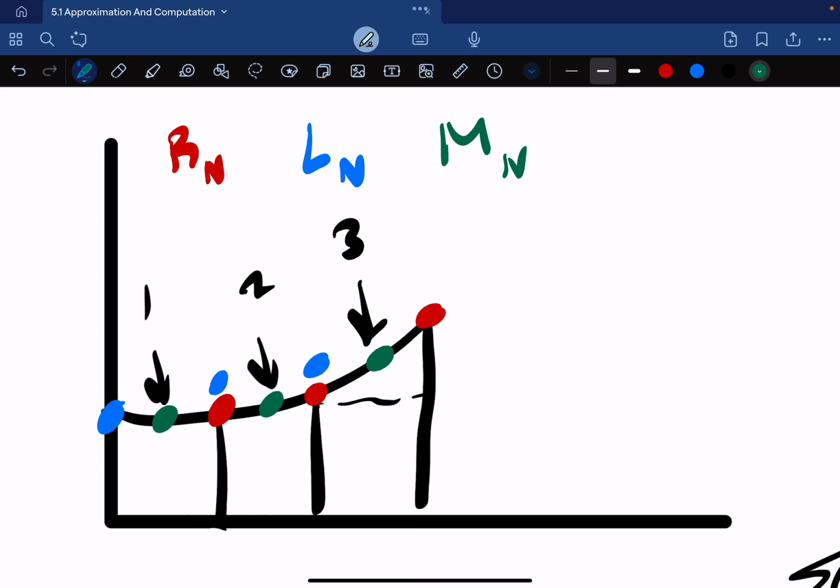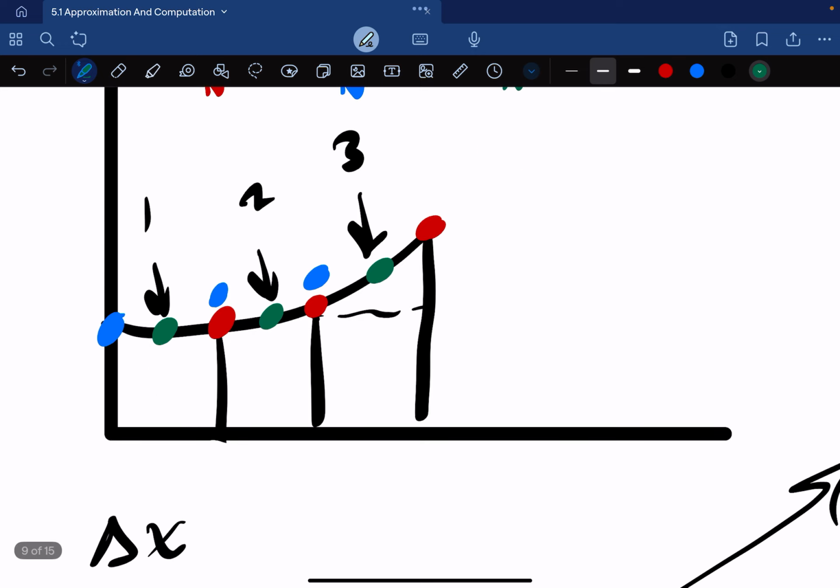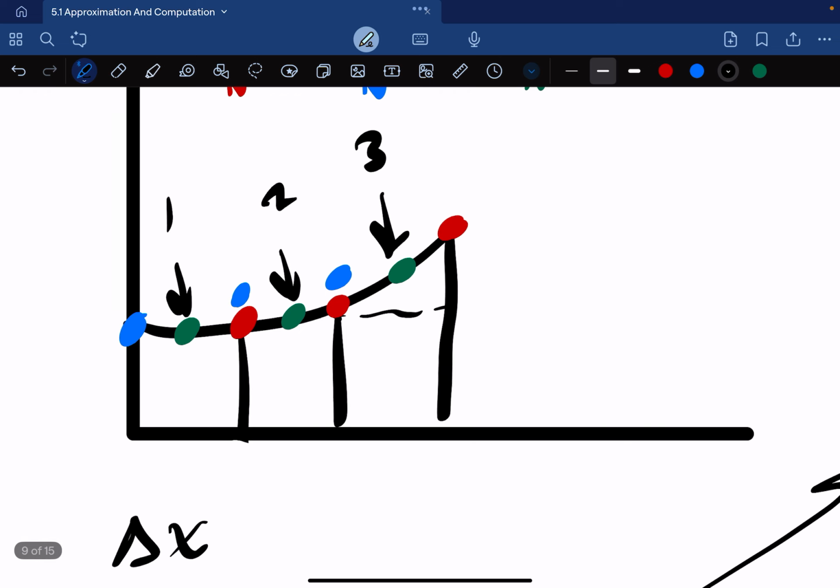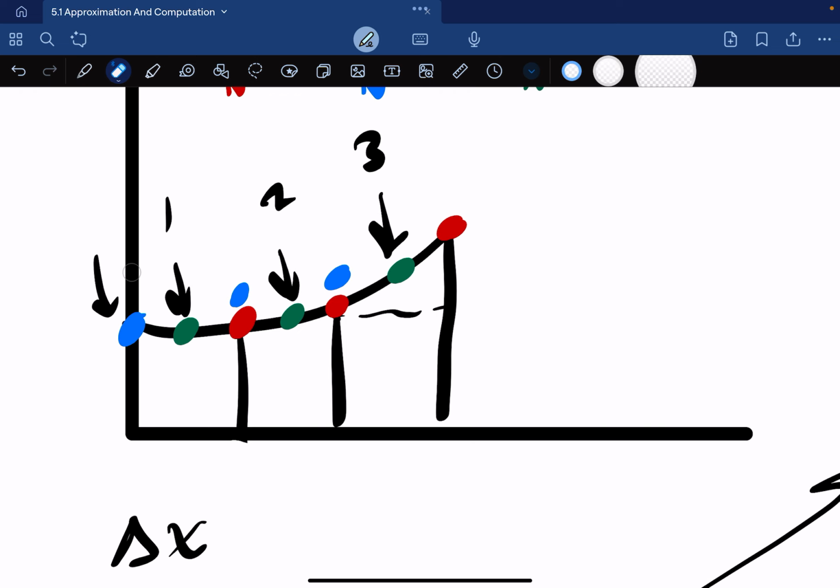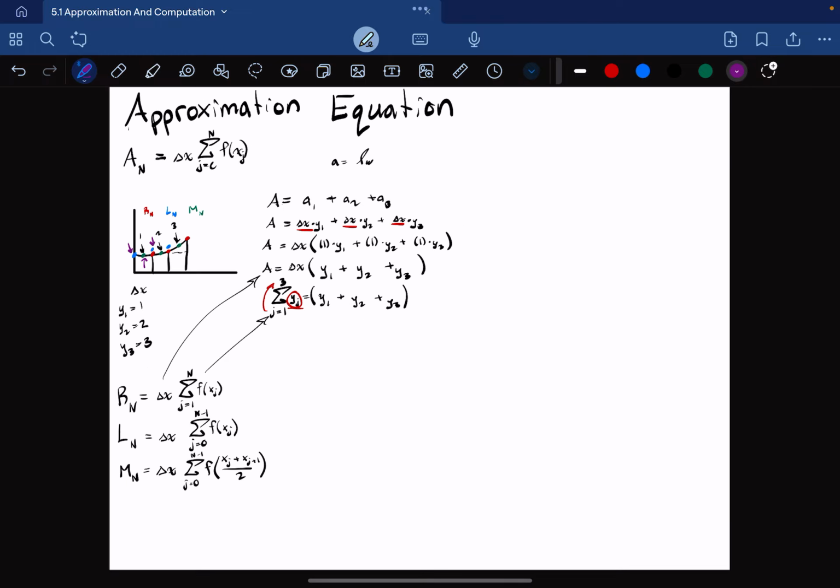The only way to calculate that is you take the first term, add it to that second term, and divide it by 2 in order to get this point exactly in the middle. That is the only thing that changes, and it's very simple.